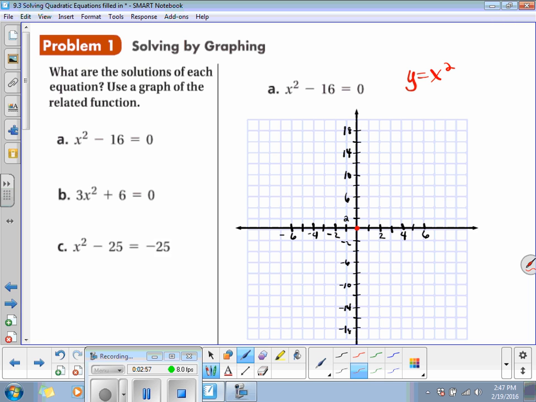We have 1 squared is 1. 2 squared is 4. Okay, 3 squared is 9. And so forth. Is everybody clear?